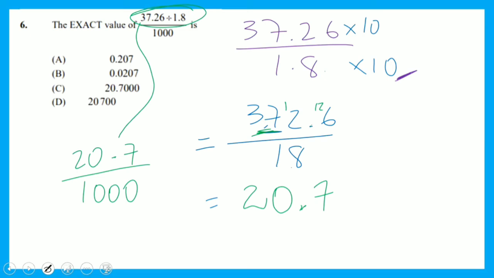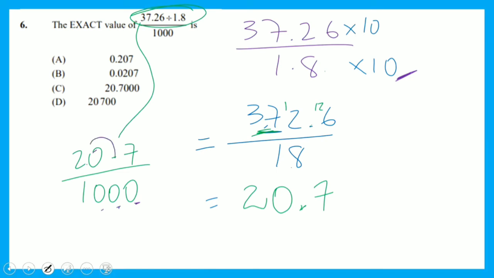Here we're dividing by 1,000, so in our final answer, our decimal point is going to be 1, 2, 3 places to the left.